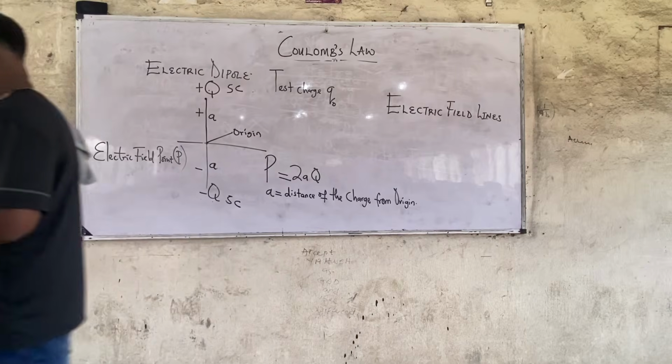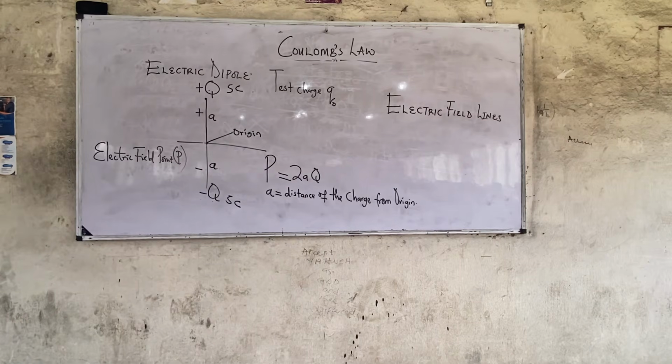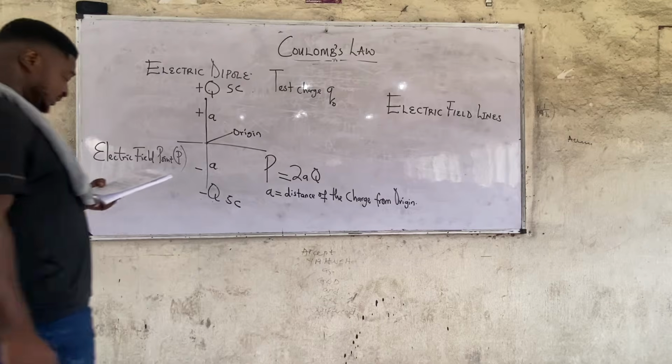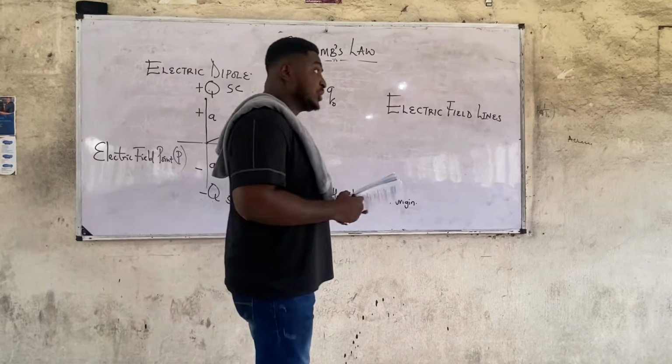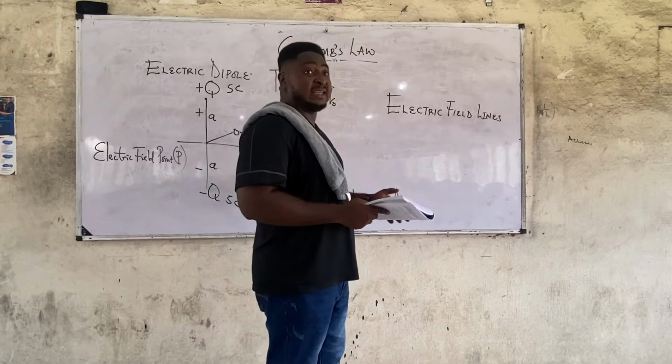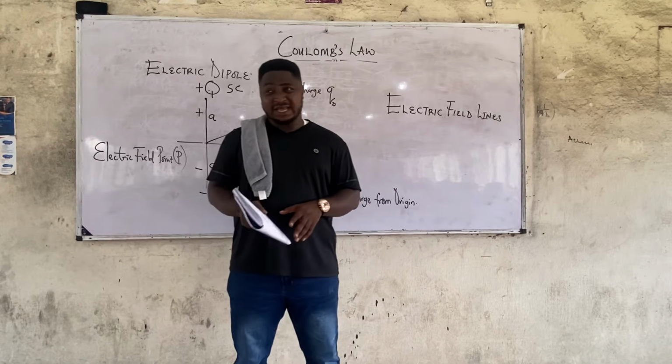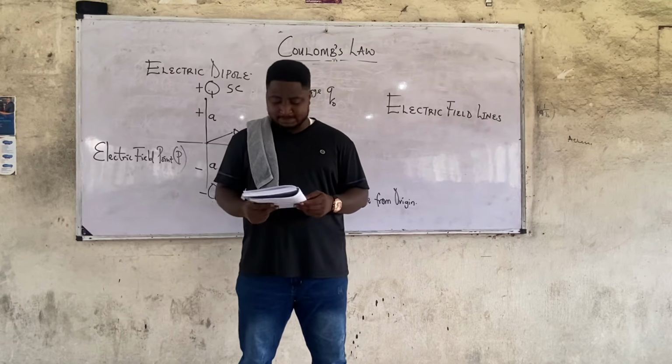The lines of force are continuous and they start on positive charges and end on what? Negative charges. So the lines of force start from positive and end in negative, very important.